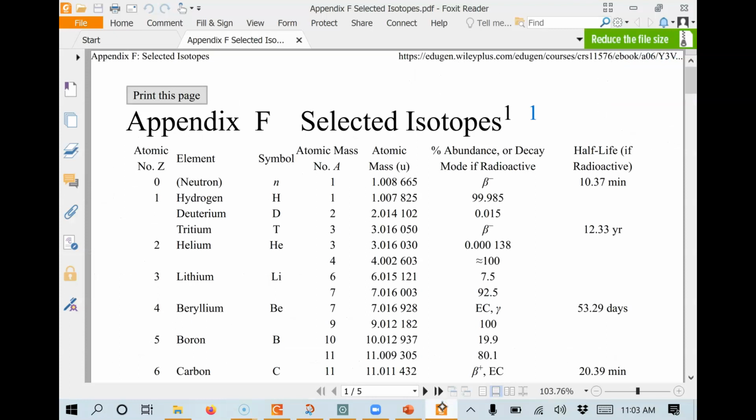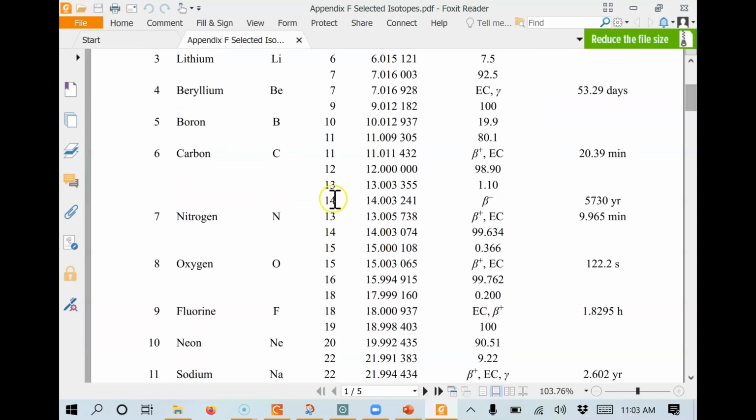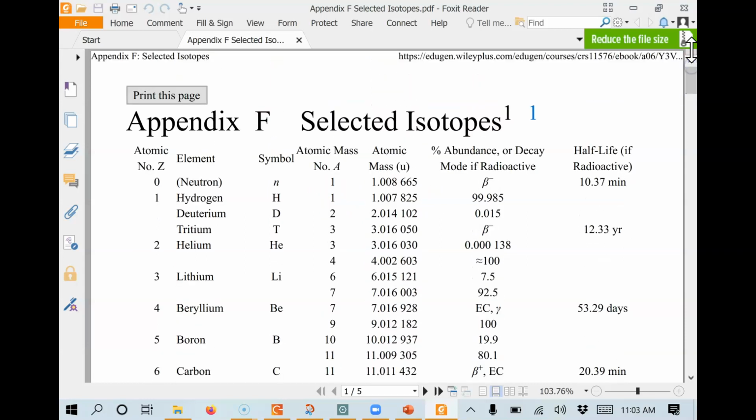I've taken this appendix from the book, Appendix F, which you can view through Wiley Plus Read Study Practice, or I've made this available in the module for this week. You can just look things up, like here's hydrogen, there's the atomic mass. Go down here, and you can see which carbon isotope you want, carbon-14, there it is. So we just get the masses from that data.